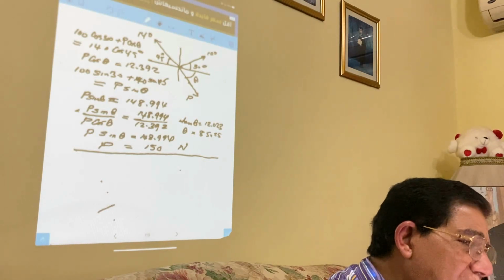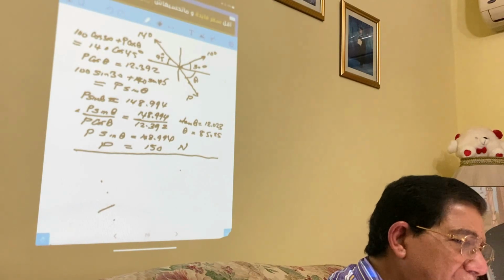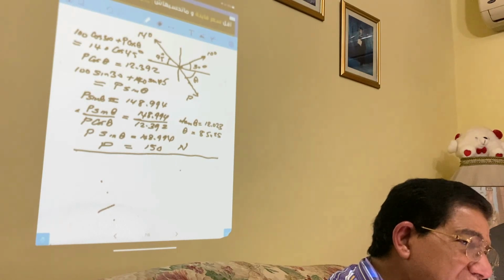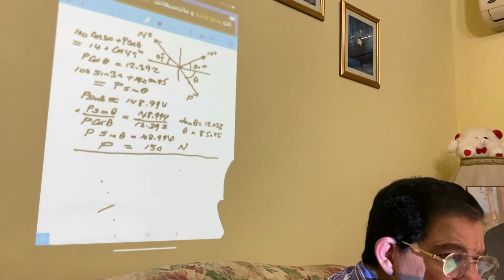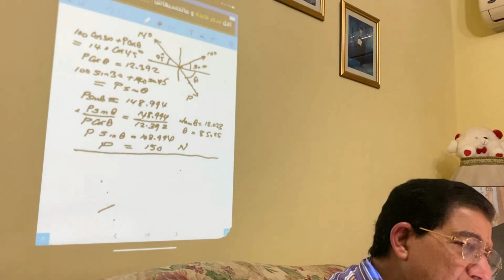How? Let us draw the forces one after the other. If we draw the forces one after the other, then they should close a triangle. Why? Because the sum of the three forces is 0.